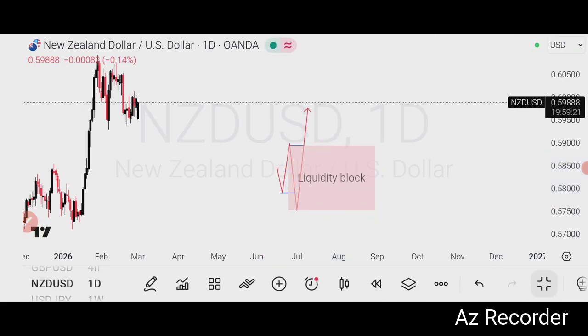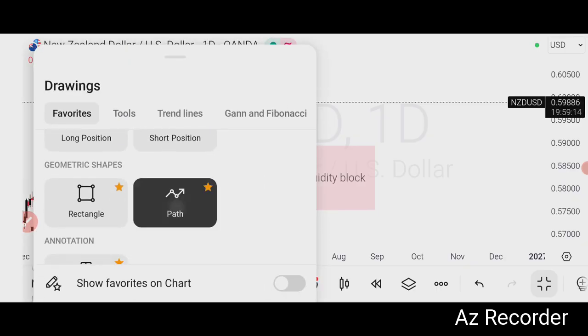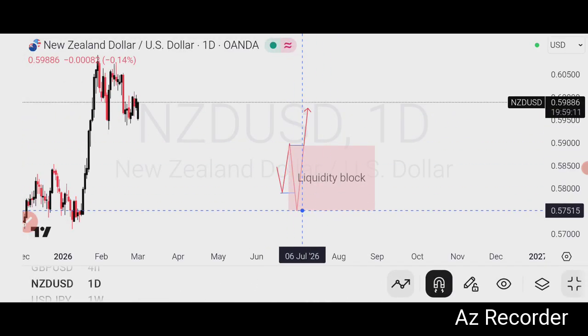And what this does is that when the market eventually comes back, this level will be protected.